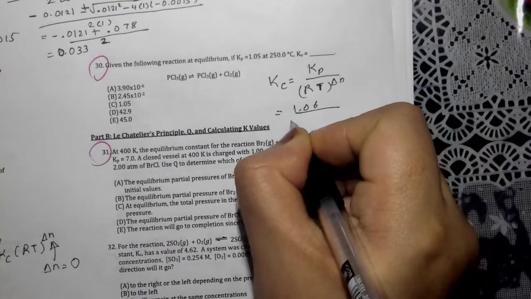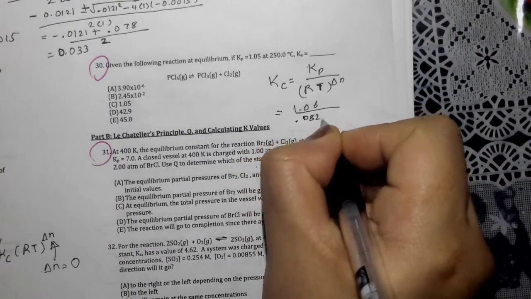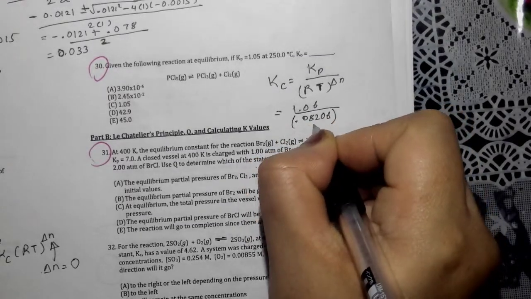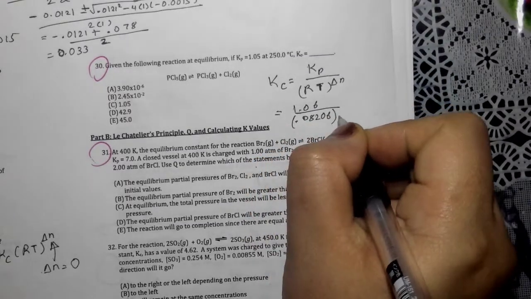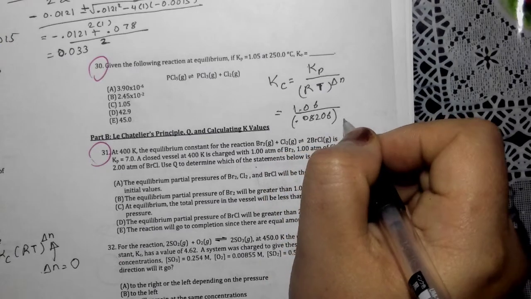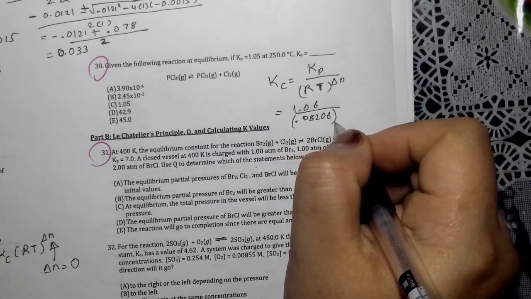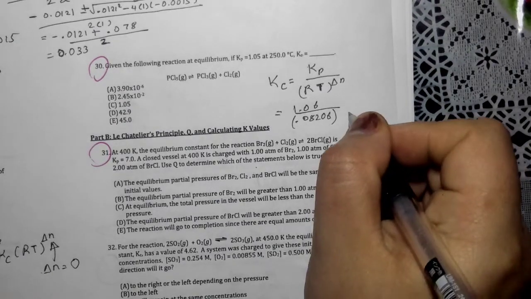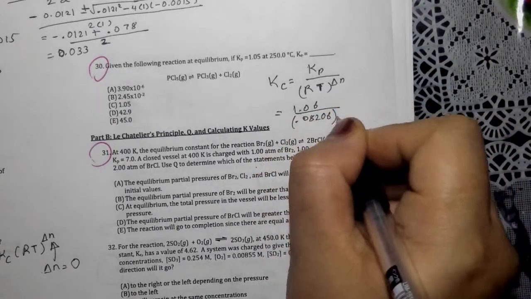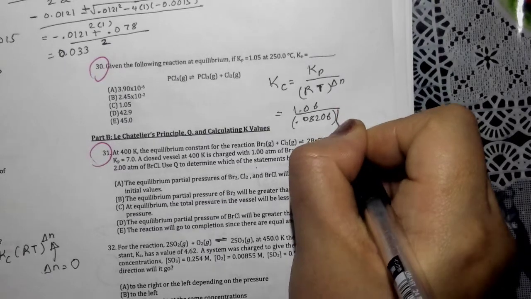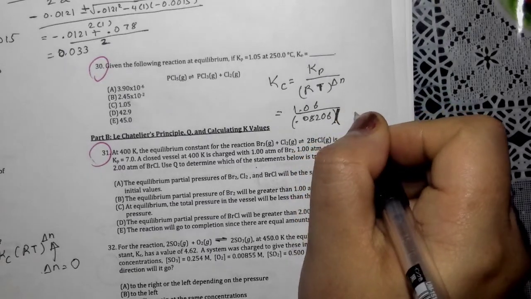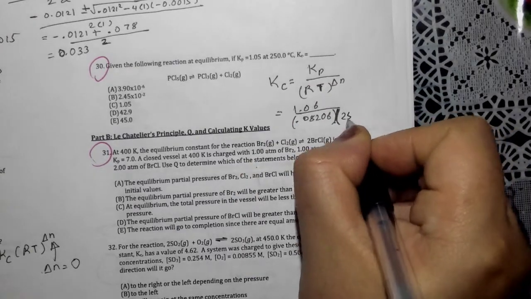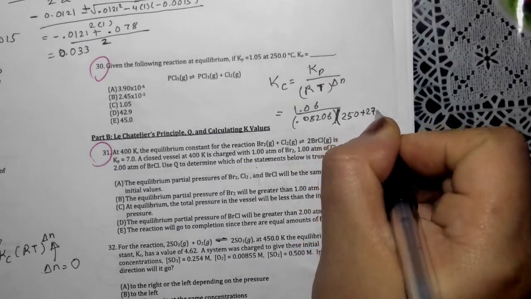1.06 divided by 0.082, I don't remember my paper, it's something like 0.08205. Temperature, we can't use Celsius, so add 273 to 250.